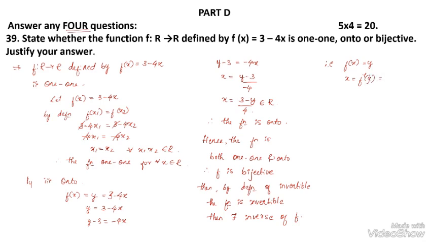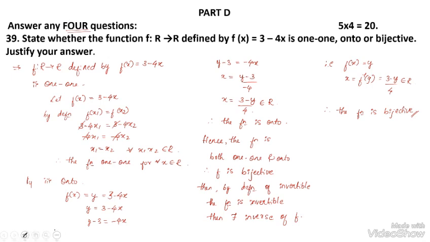That is, f inverse of y is 3 minus y divided by 4, which belongs to R. Therefore, the function is bijective. Hence the solution of the given problem.